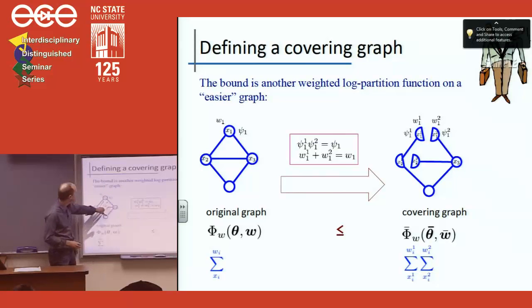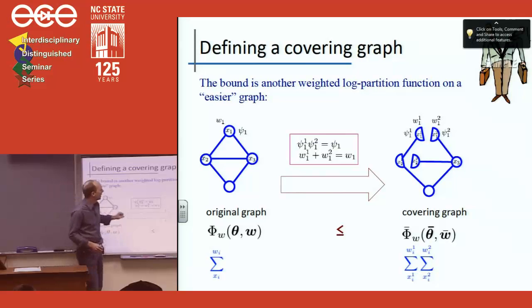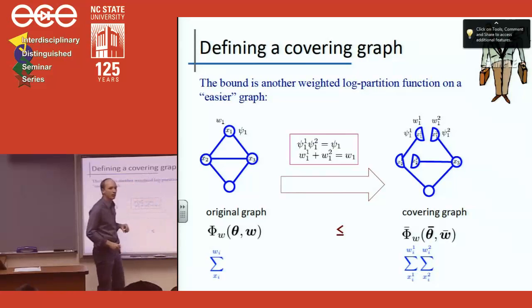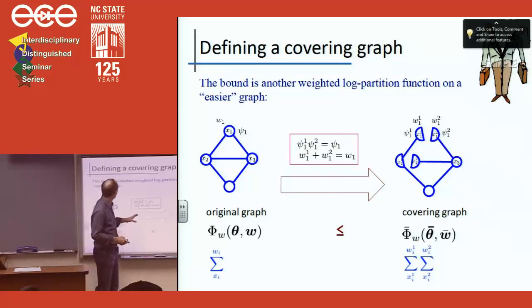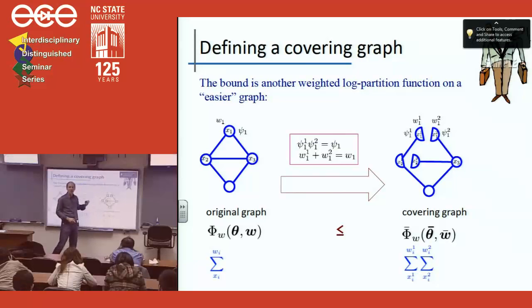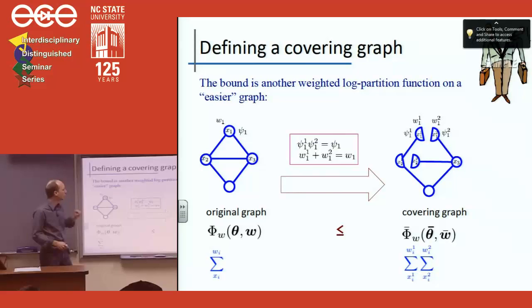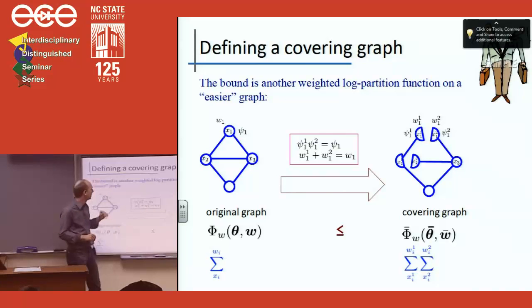So if I take an original graph with cycles and I want to split it up into something we'll call a covering graph, there are many valid graphs that will be relaxations of this one. So I can choose, for instance, when I split x1, I can choose any weights that sum up to the original weight for x1. So any two weights that sum to 1, say.